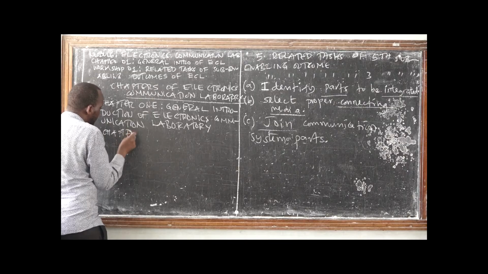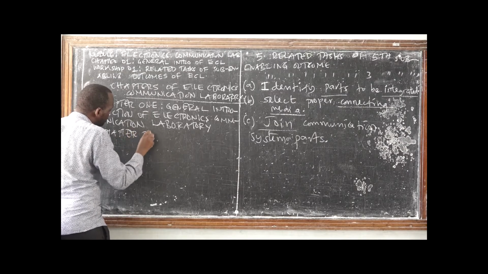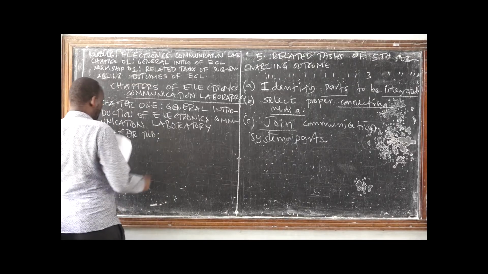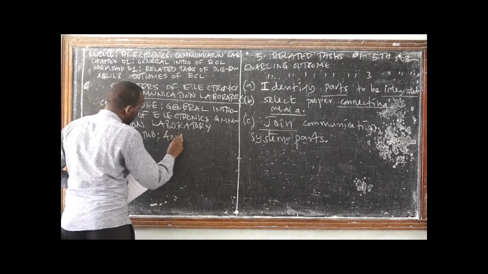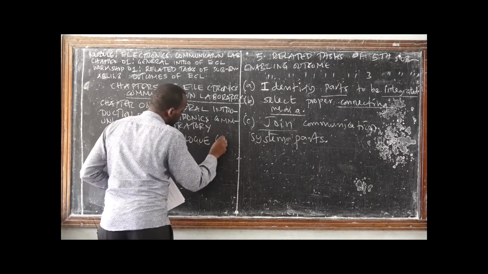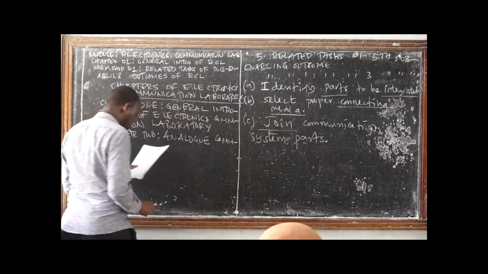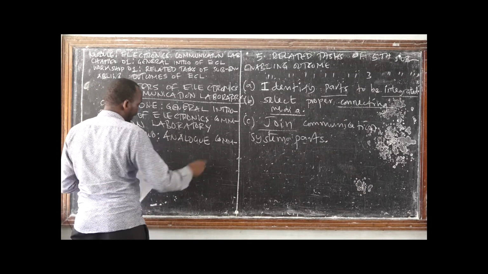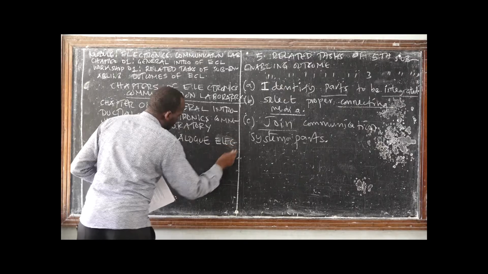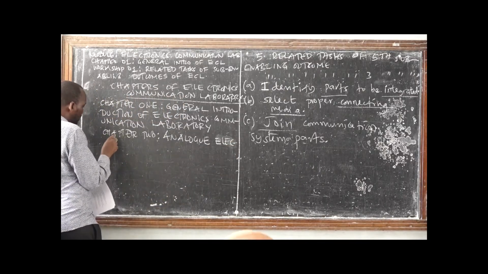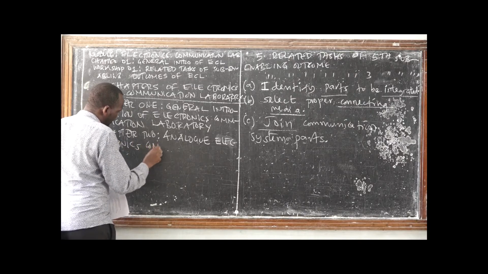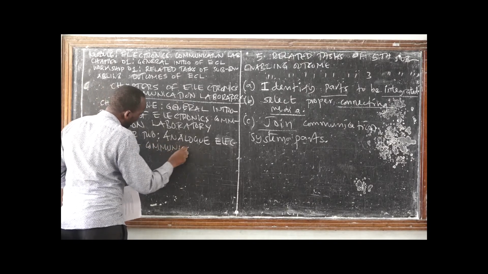The second topic, which we call chapter 2, is analog electronics communication circuits.